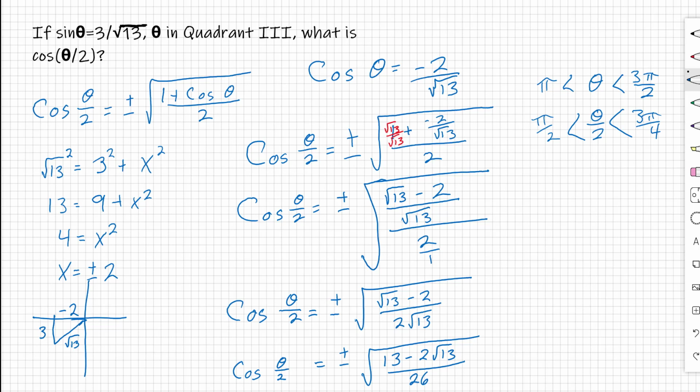So it's in the second quadrant. And angles in the second quadrant have a negative cosine value, so we're going to keep the negative, and our final answer is cosine of theta over 2 equals negative the square root of 13 minus 2 square root of 13 all over 26.